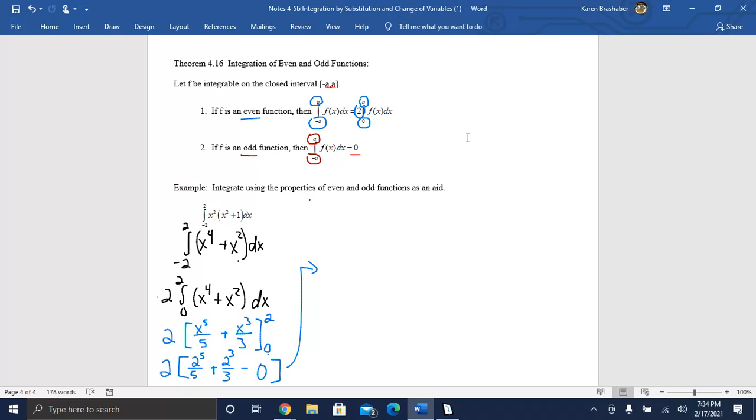my 2 to the 5th is 32, so I'll have 32 fifths plus, and then 2 to the 3rd is 8, so 8 thirds.